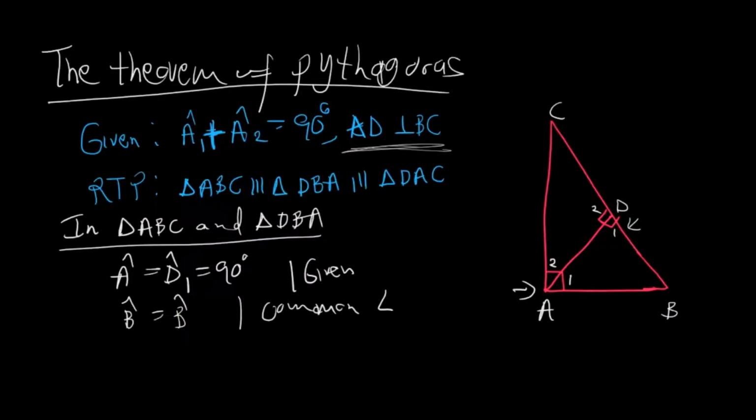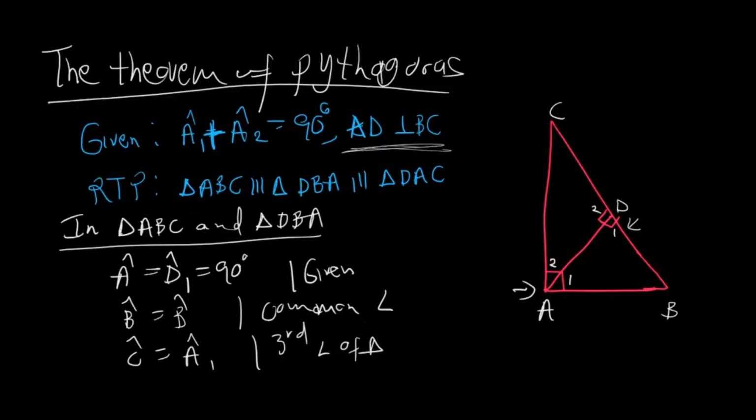angle. And then angle C equals angle A1. Angle C, which is this one here, equals this angle A1 here. So we've proven three angles now, which means these two triangles are similar. The reason for this one, you can just say it's the third angle of the triangle.